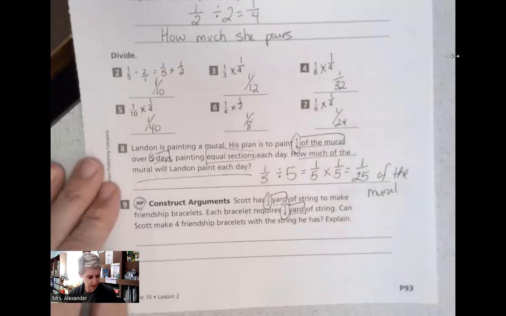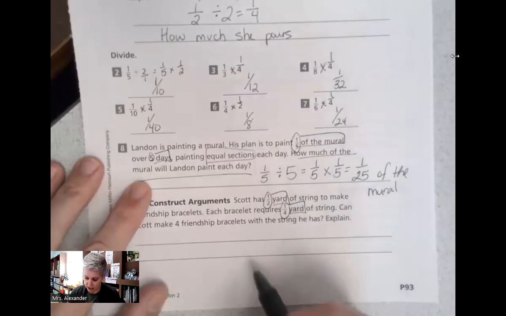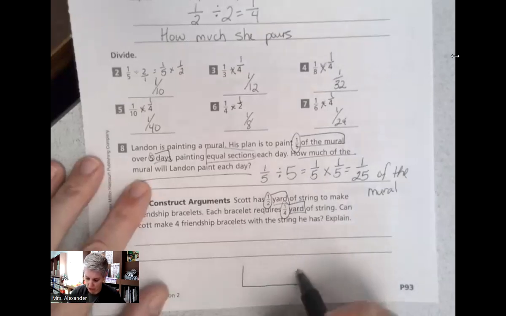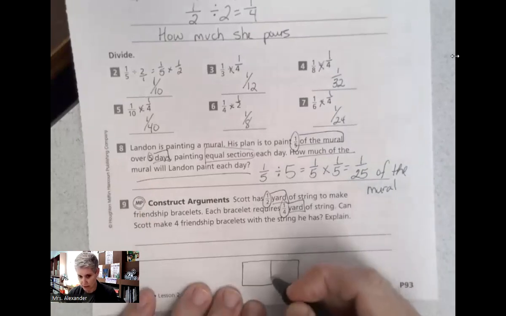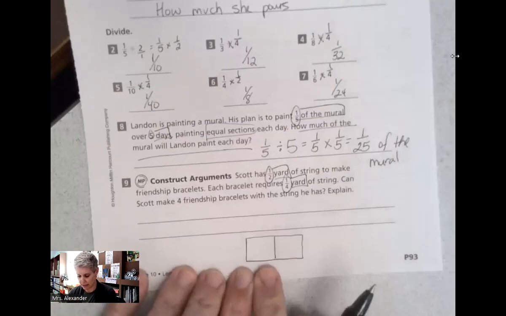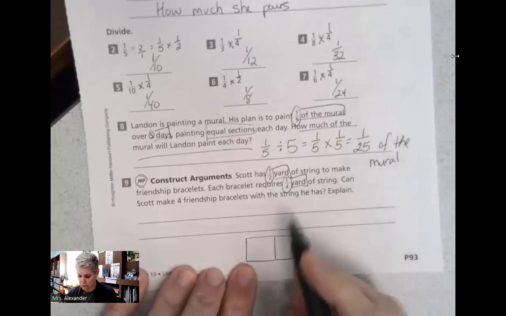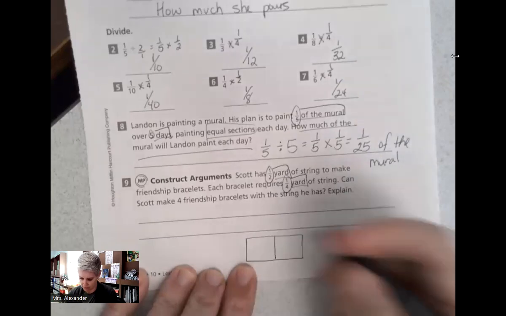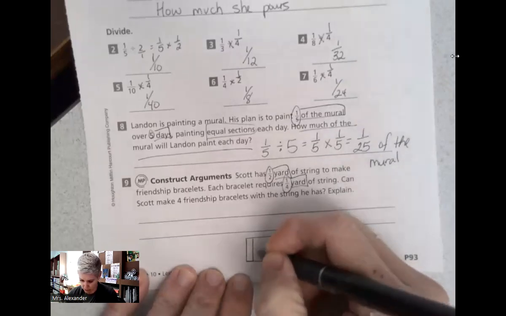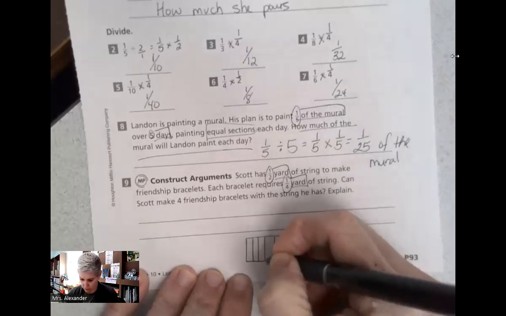Well, let's think about this. If he has a half a yard, I'm going to use a model for this. Here's 1 yard. He has half of that yard, so he only has this part of it. Each bracelet requires a fourth of a yard. So he needs that.